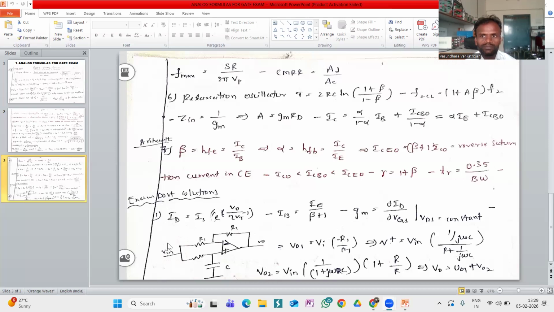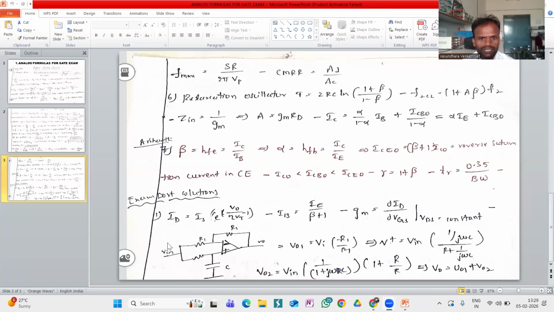Handbook formulas: Beta equal to HFE, IC by IB. Alpha equal to HFB, IC by IE. ICEO equal to 1 plus beta ICBO.